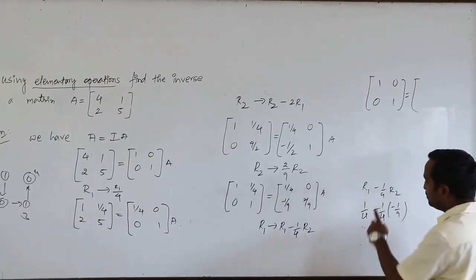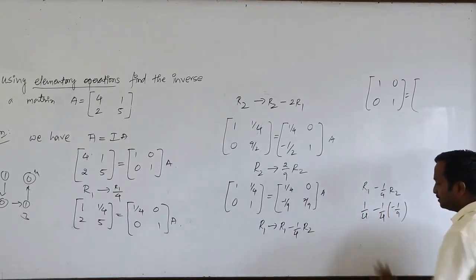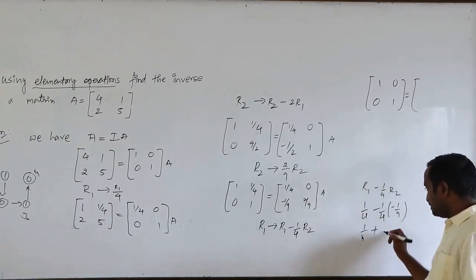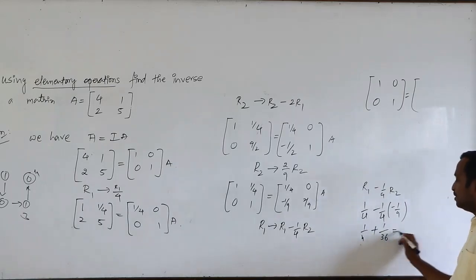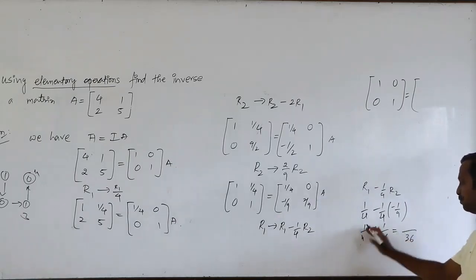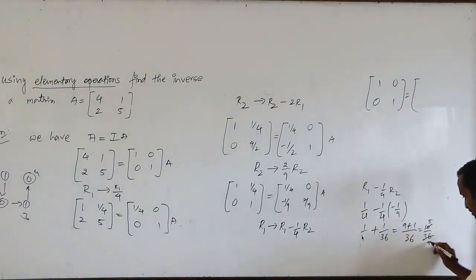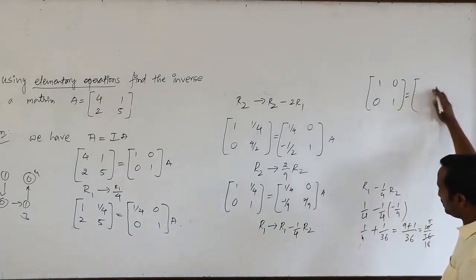Be careful. R1 is 1 by 4, minus times minus is plus. So what happened? 1 by 4 plus 1 by 36. LCM is 36. 4 9s are 36, 9 plus 1, so 10 by 36. Written as 5 by 18. So I hope you get the idea.